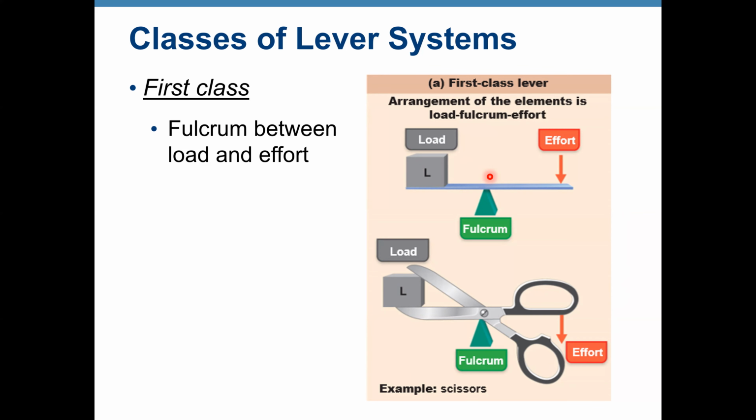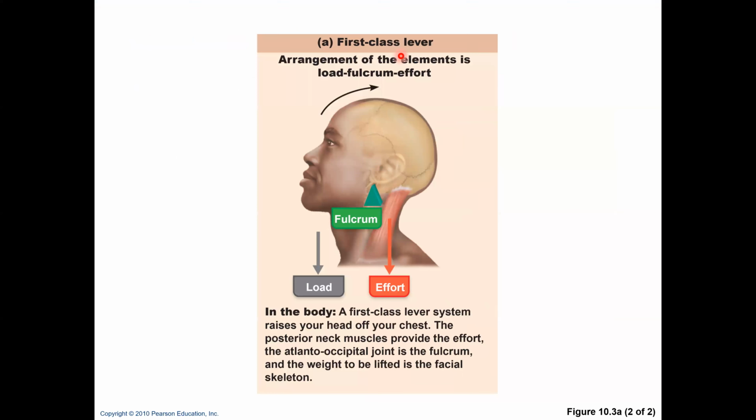How is it related to anatomy? So here's the first class lever in your body, right? Here you have load, fulcrum, and your effort. The fulcrum will be the joint, and here it's the atlanto-occipital joint, that's the fulcrum.